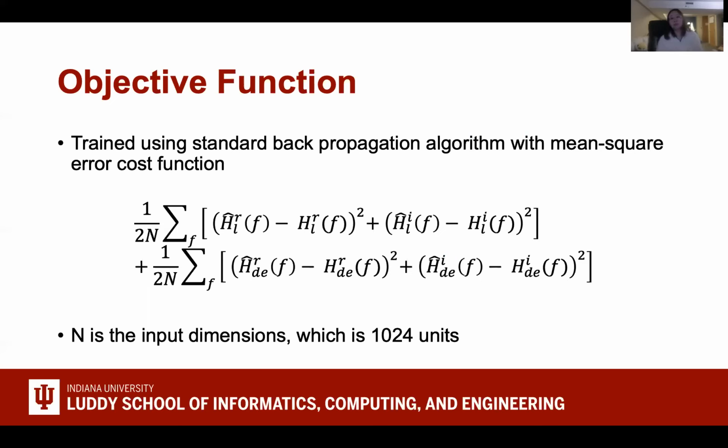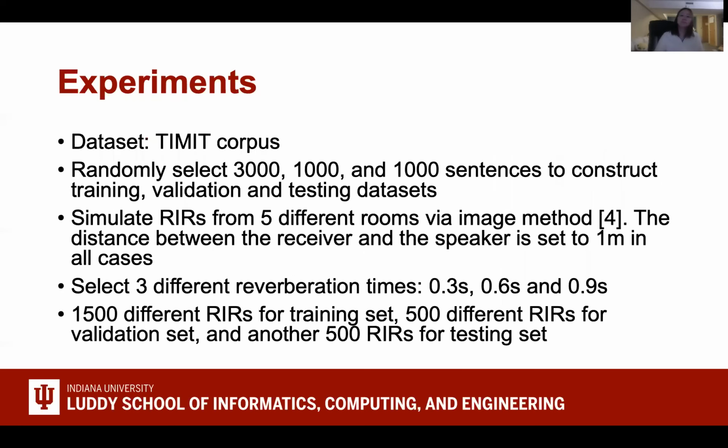We combine both the first part of the network, which is the late reflection prediction, and the second part of the network, which is the direct plus early room impulse response prediction, together as a cost function, and do the backpropagation to update the weight matrices in the network. And the N is the input dimension, which is 1024 units here.